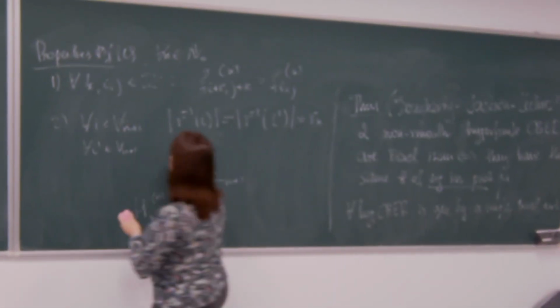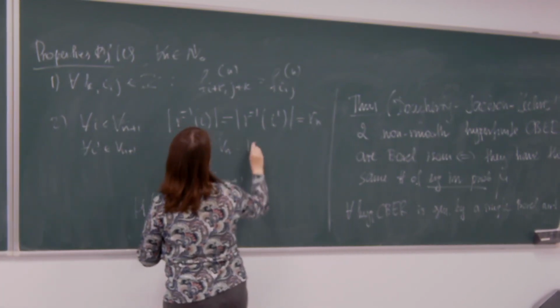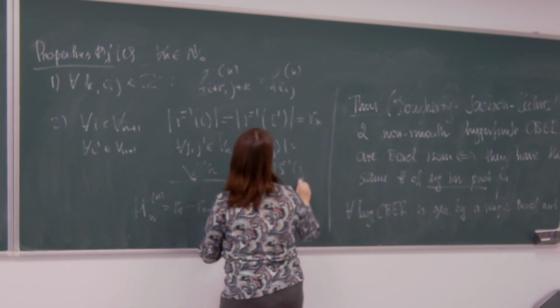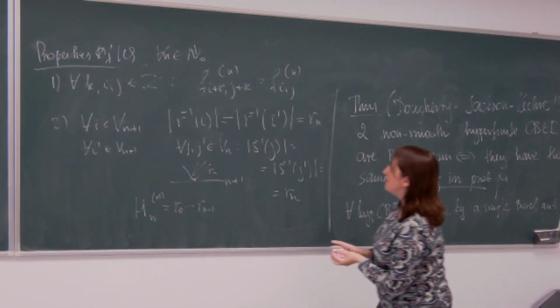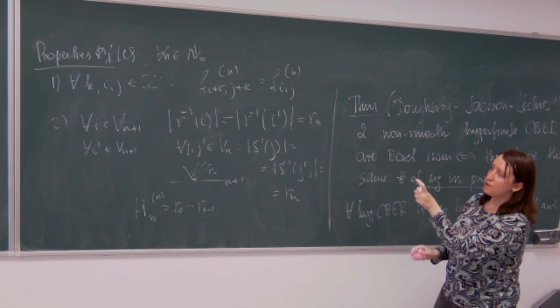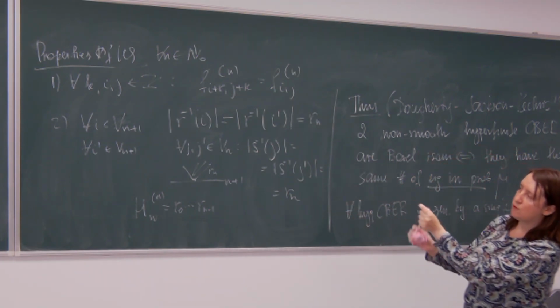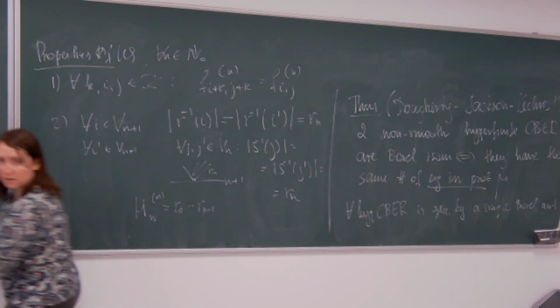So also for every j, j prime in B_n, it's also equal to R_n. And in general, if you look at the incidence matrix, each entry depends only on the difference between these indices i and j.